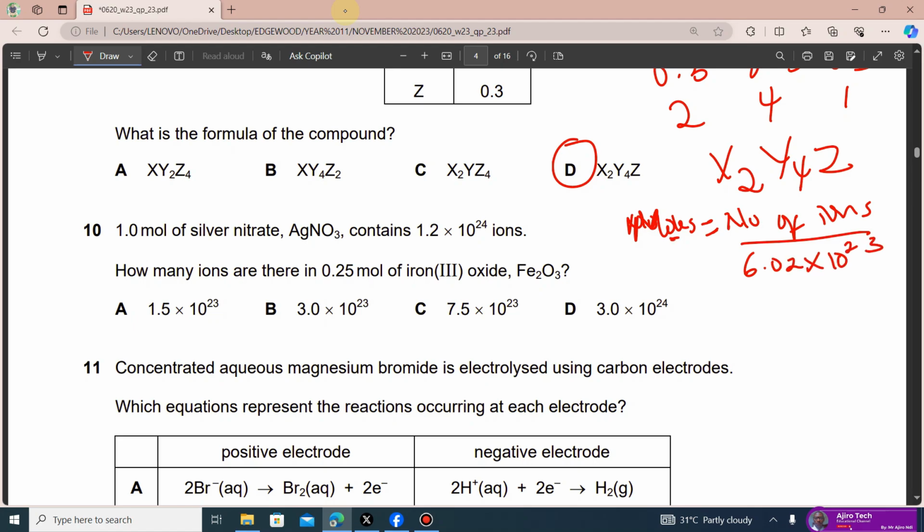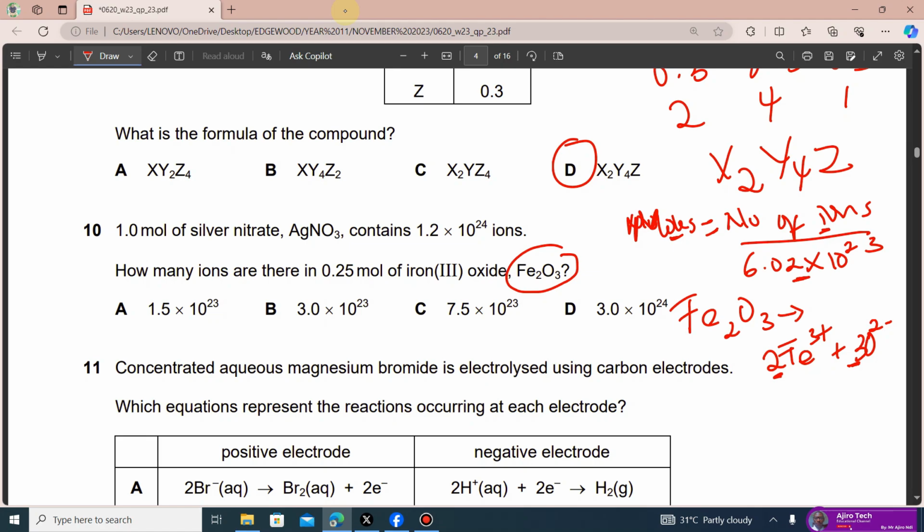So we have the number of moles, we have to find the number of ions, but we also have to factor in the number of ions when it is dissociated, before we multiply with Avogadro's constant. So if we have Fe2O3, it simply means that there are 2 Fe3+ ions, and there are 3 oxide anions. So that means 2 ions of iron and 3 ions of oxygen. If you add that, that's about 5.